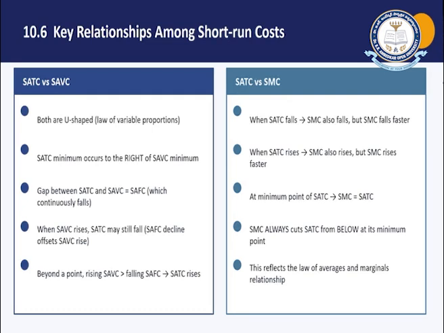Now let's understand the key relationships. Both are U-shaped, due to the law of variable proportions, and the SATC minimum occurs to the right of the SAVC minimum. The gap between ATC and AVC in the short run is the AFC, which continuously falls.